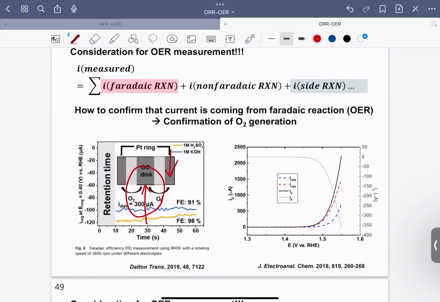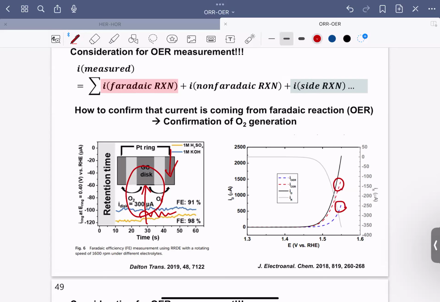And not surprisingly, this analysis can be extended to other systems. For example, when there is chlorine in the electrolyte, the chlorine evolution reaction can also overlap with the oxygen evolution reaction, right? So if you directly measure the amount of oxygen reduction by the rotating disk electrode method, then you can directly compare how much OER and CER occur.